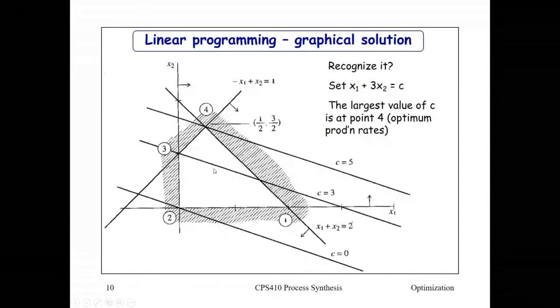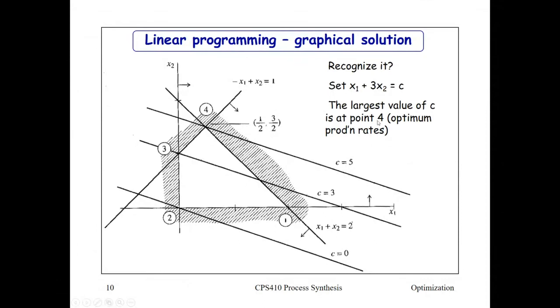Yes, that's fine. So this side of the line is okay. This side of the line is where this constraint is less than or equal to 1.